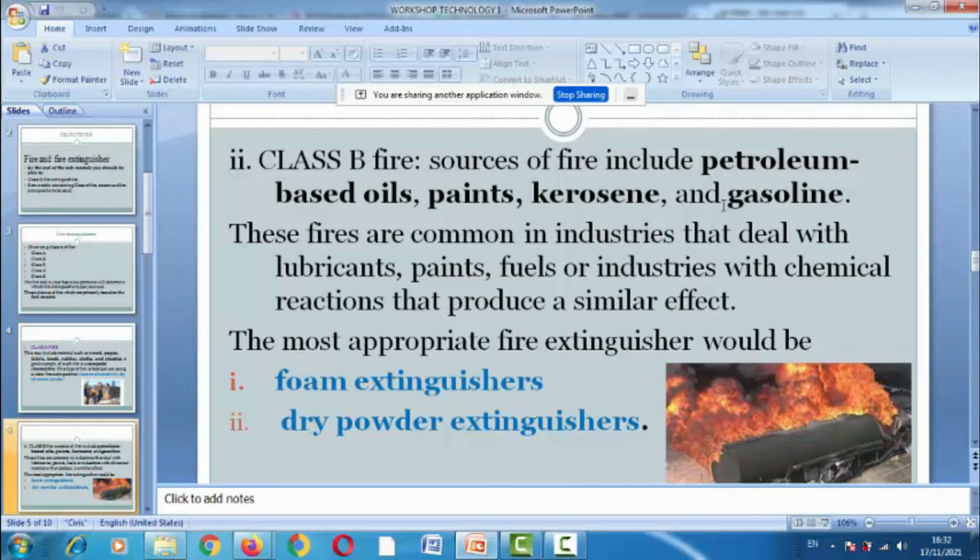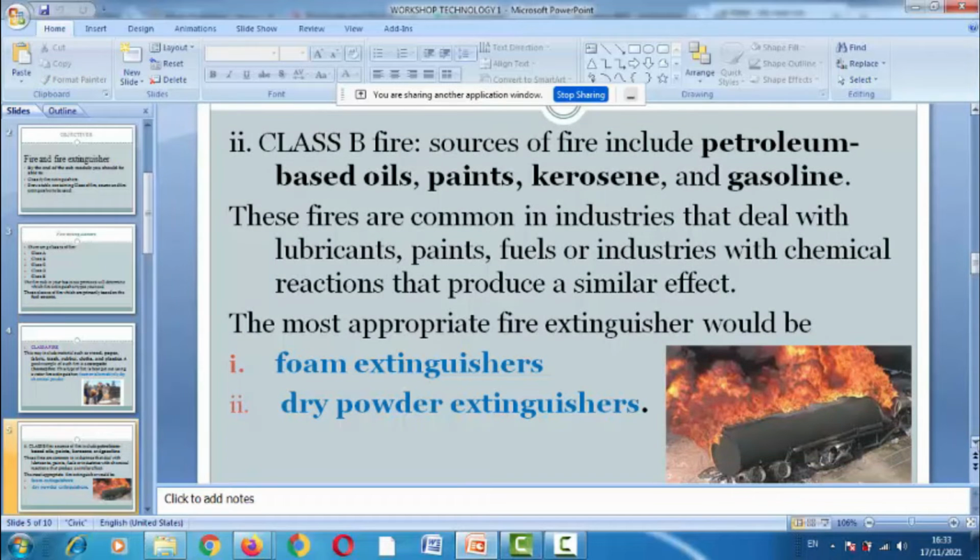Just like I had previously said, petroleum. This class of fire comes from petroleum-based oils, paints, and kerosene. You can see the previous experience in Kisumu, where a tank burnt several people who wanted to take some petrol from it.